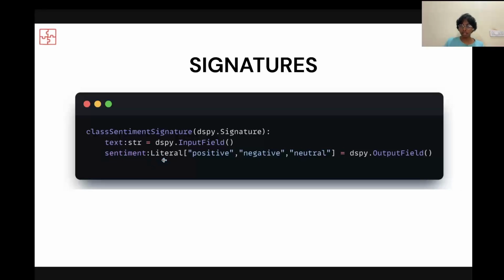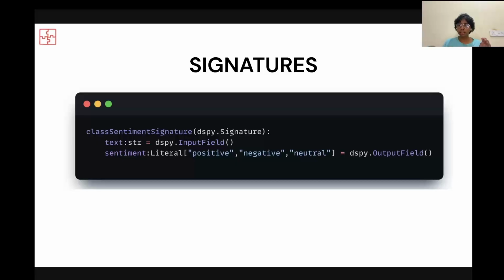Within sentiment, it can only give three different outputs, positive, negative, or neutral, all defined by the programmer. Now, the model can't return paragraphs, explanations, or random text. We make sure the LLM only gives one of these three responses.